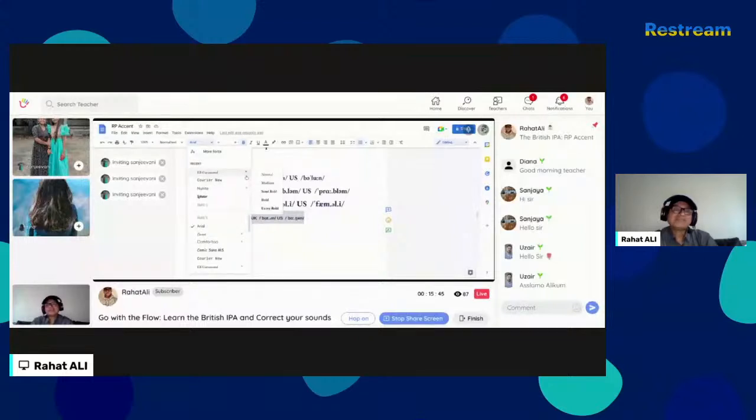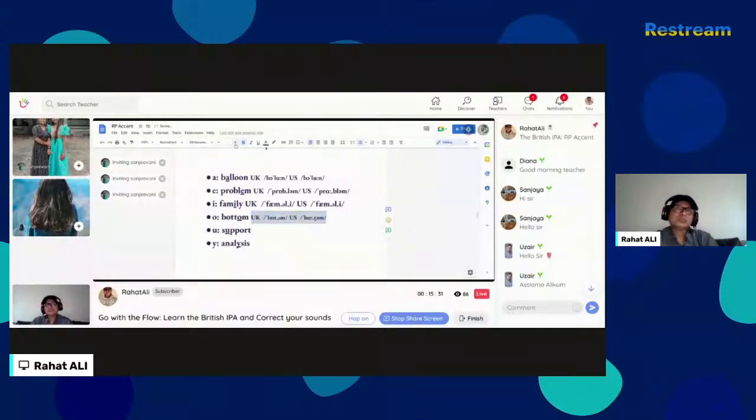If you want to develop your English in the British English or the RP accent, we must understand how the R should be pronounced and where it shouldn't be pronounced, and how the T should be pronounced and in which perspective. So the O is a short sound here in bottom.